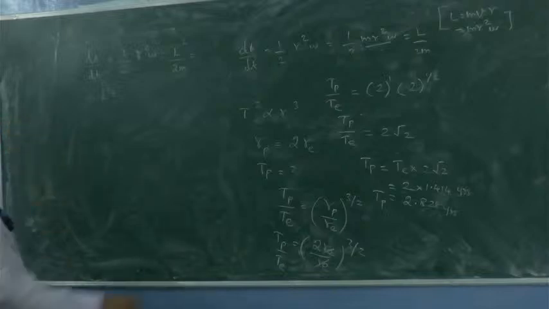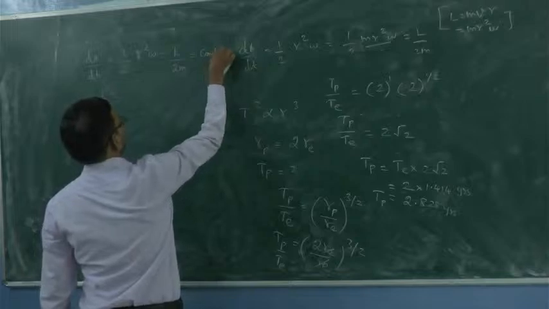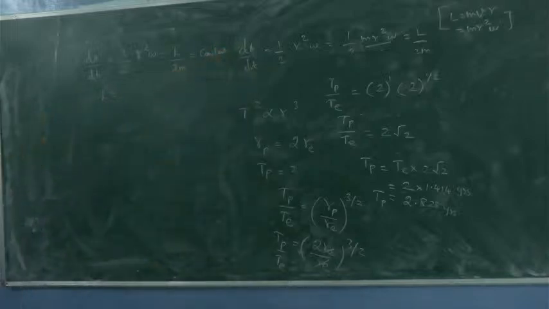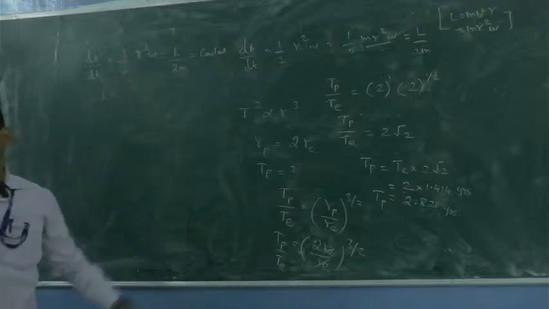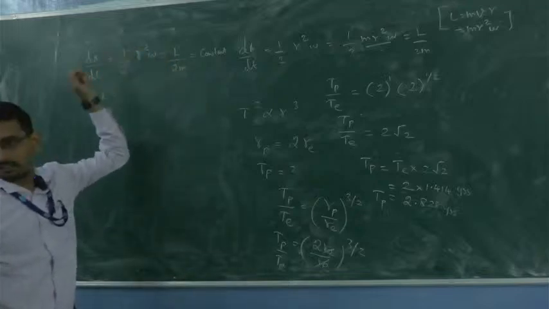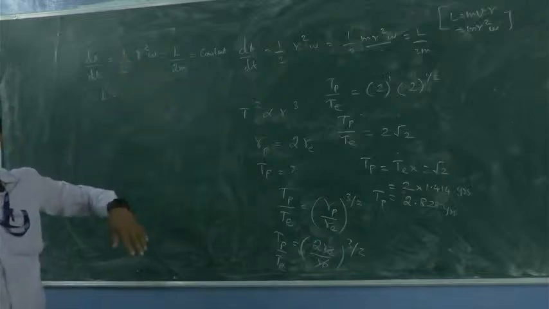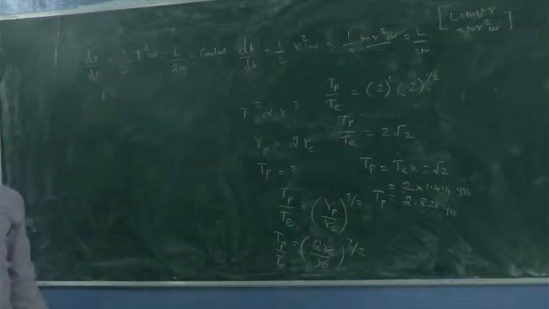L by 2m, which is here constant. Correct? What is m? Mass of the planet. What is omega? Angular velocity. Here you need the relationship between L and R. What is L? Angular momentum. R is distance.